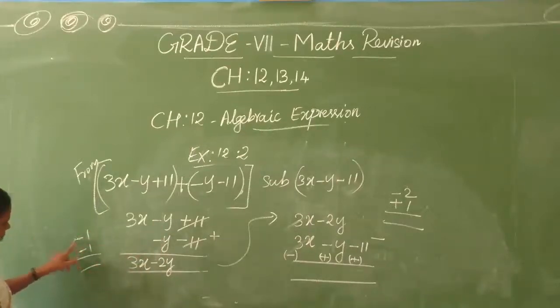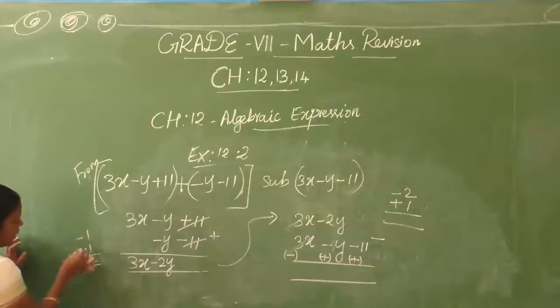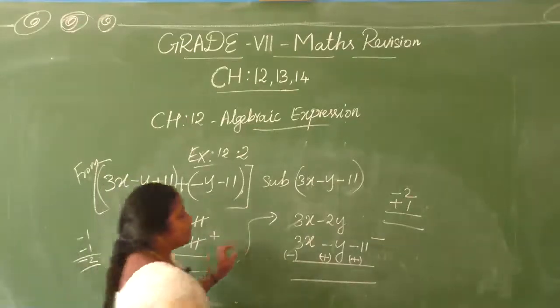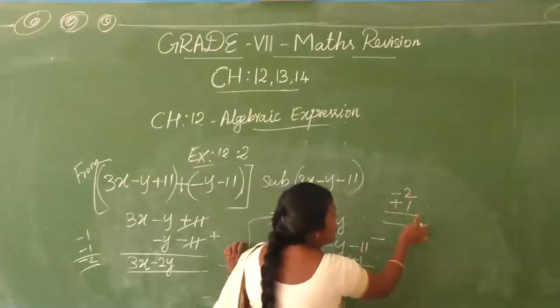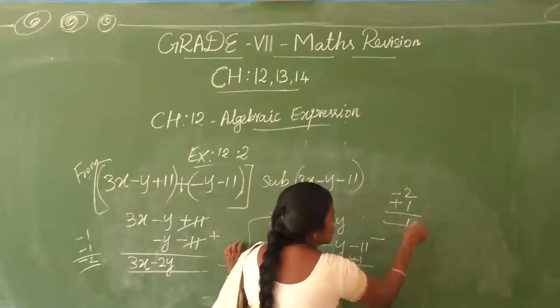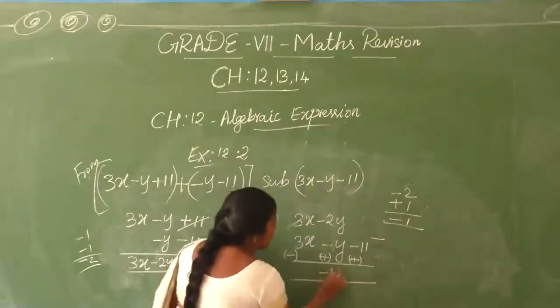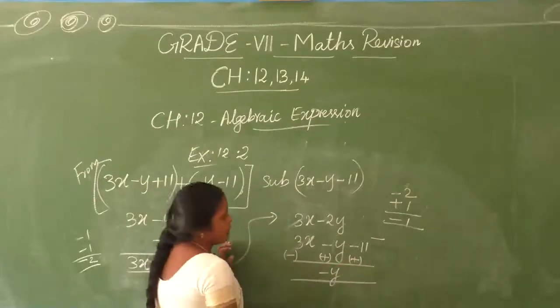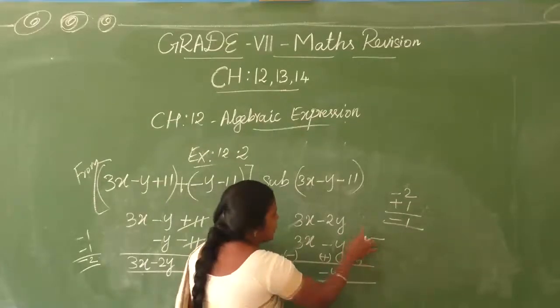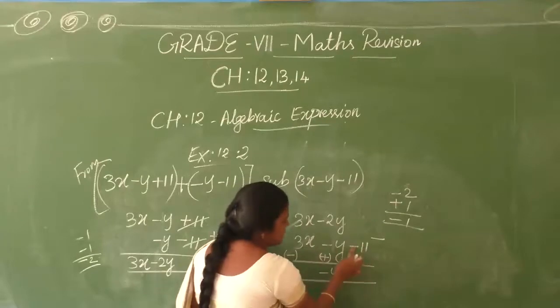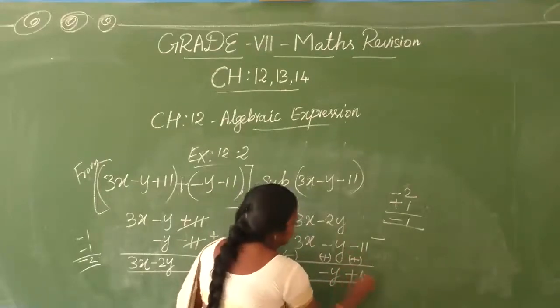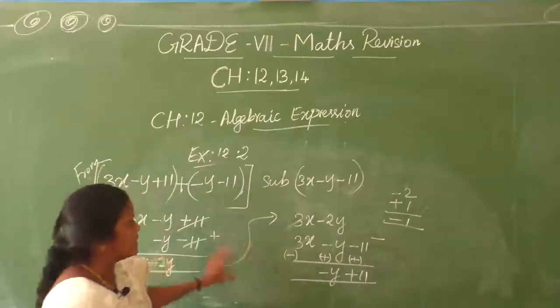Different sign means we should subtract. So 2 minus 1 is 1, and apply the bigger number's sign, so negative. So minus y. Clear? Here no pair, so as it is will come plus 11. We did not change it since it is positive, so plus 11. Minus y plus 11 is the answer for this question.